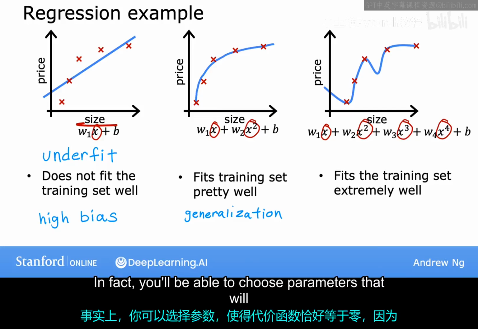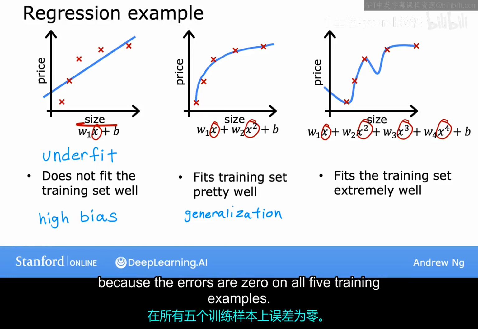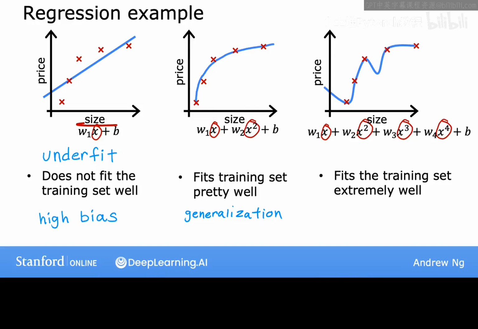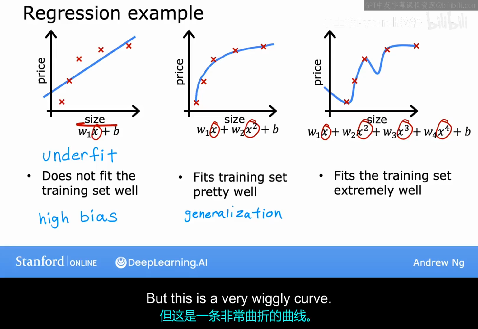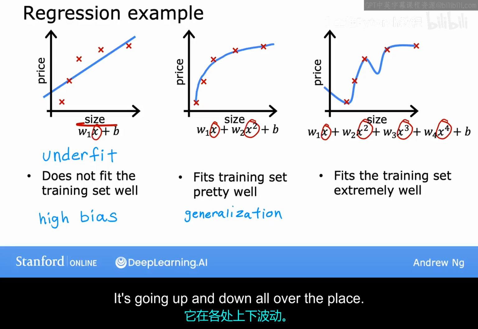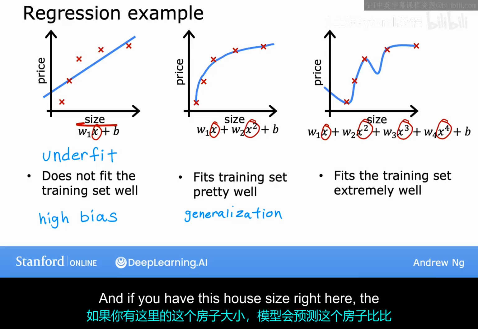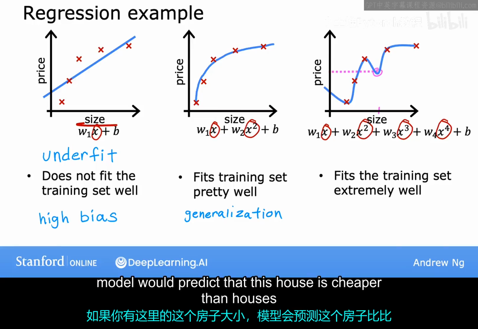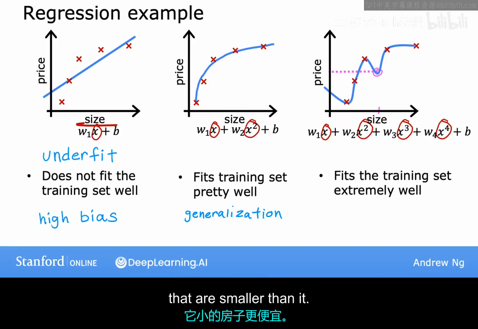In fact, you'll be able to choose parameters that will result in the cost function being exactly equal to 0 because the errors are 0 on all 5 training examples. But this is a very wiggly curve. It's going up and down all over the place. And if you have this house size right here, the model would predict that this house is cheaper than houses that are smaller than it.